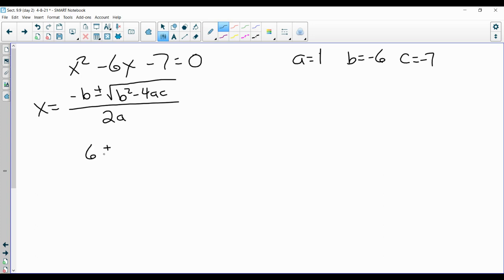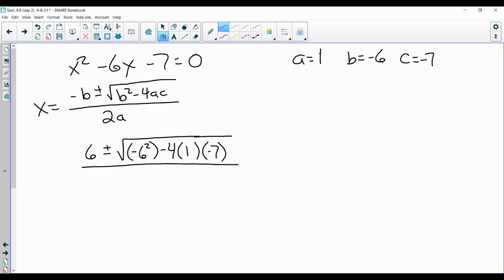All right, go ahead. Times 1, which is a, and -7, which is c. And it's going to be over 2 times 1.